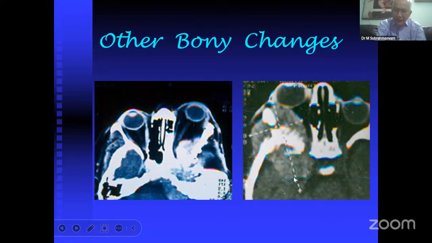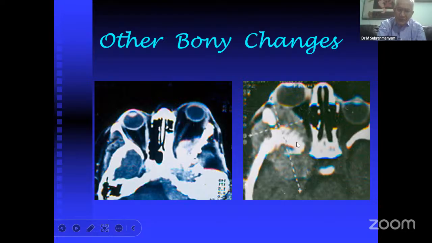Here you can see a mass with the intracranial component, an orbital component, and extension into the temporal fossa. Because of this temporal fossa extension, you will find fullness of the temporal fossa when you see the patient normally. And this bone, when you compare it with the normal bone on the side, is hyperostotic.